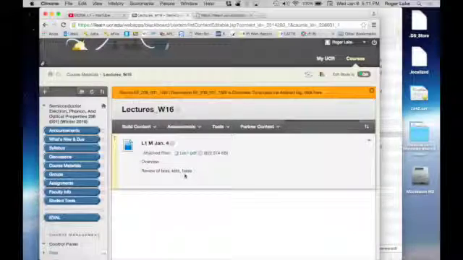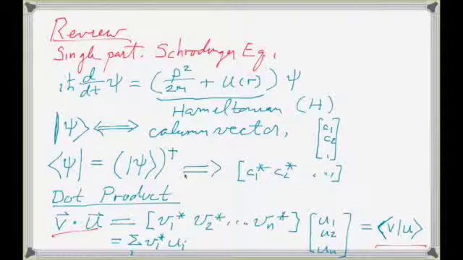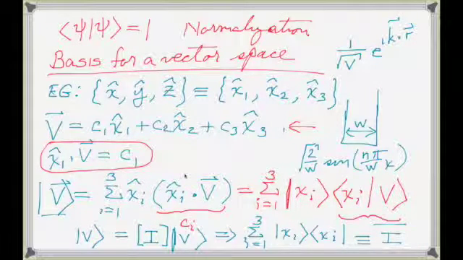So let's see where we were last time. Oh, good. Okay. So I just want to see where we ended up last time. Oh, so we started doing this review of the formalism, Bra-ket notation, introduce the inner product, concept of basis vectors, which will become our basis functions.